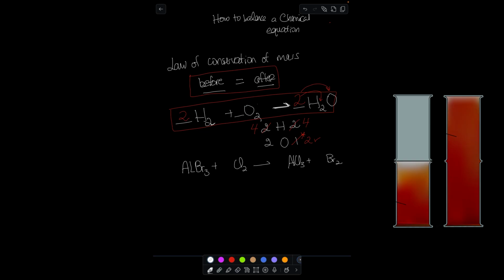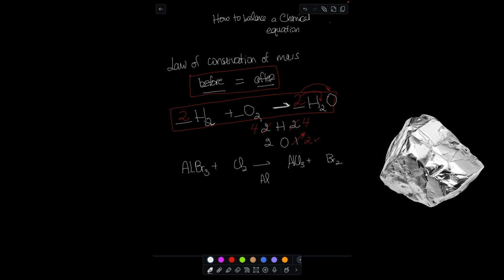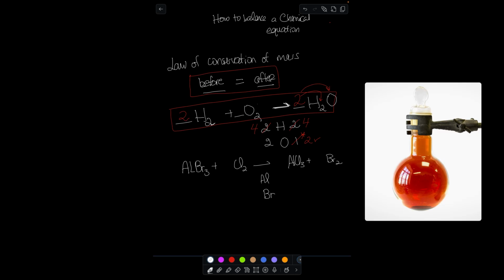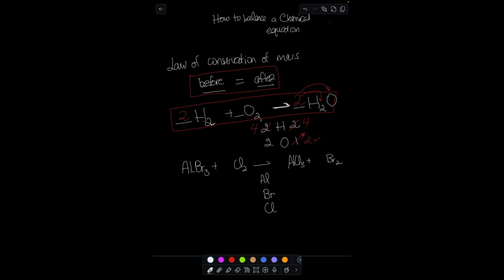First thing you do is you identify all of the atoms that are involved in this chemical reaction. So we have first aluminum, we have bromine, and we have chlorine. Looking at what's before and after for aluminum, we see here there's no number on the left, so that would be just the same as a 1 and a 1 on the right.